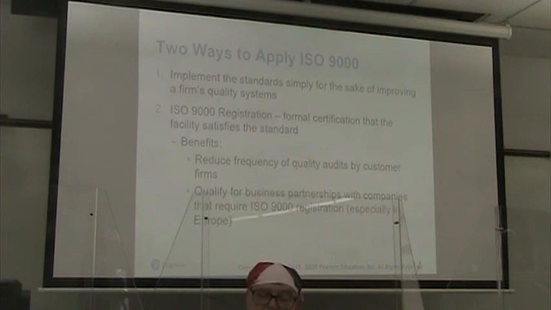So that is a formal certification that satisfies the standards, and the benefits from that are reducing the frequency of quality audits by customer firms, and to qualify for business partnerships with companies that require that ISO 9000 registration.